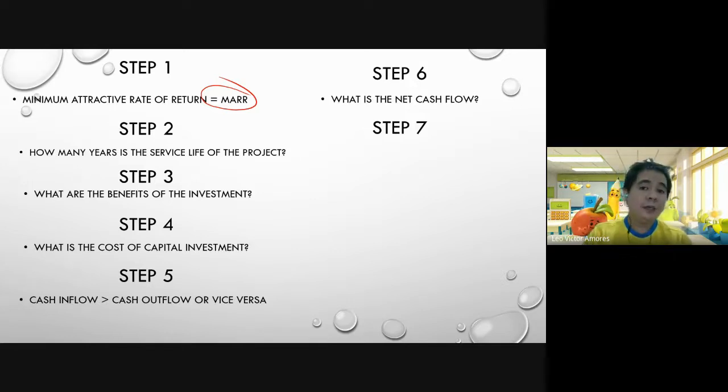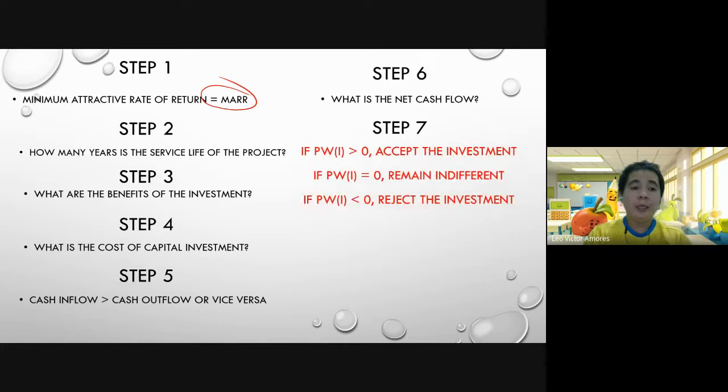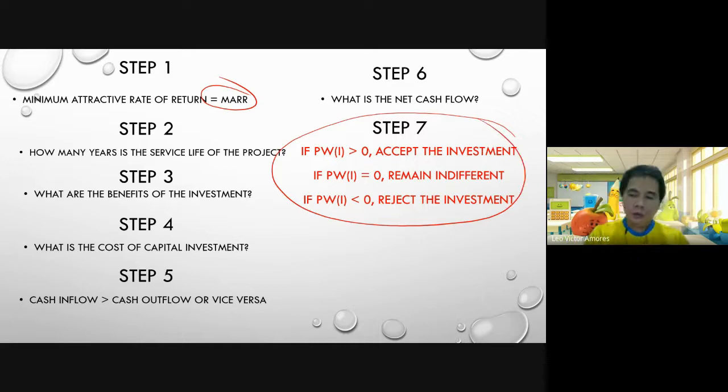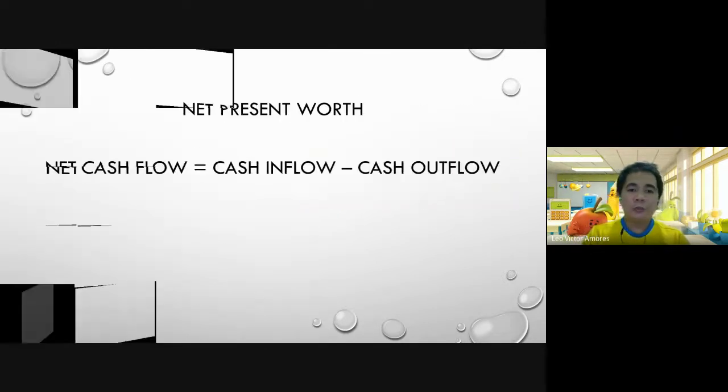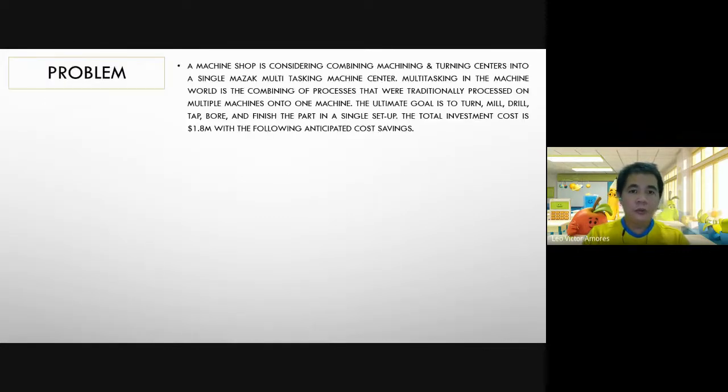That should be clearly defined by the company, and it depends on the company's perspective or requirements. If the company says, I need a 20% return on my investments, then your MARR should be at least 20%. I hope you understand this part. If you have no questions, I will proceed to the cash flow.